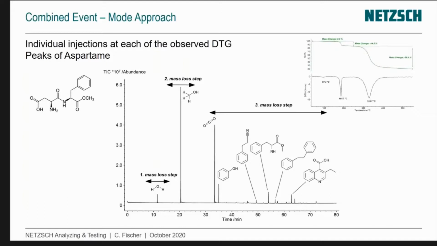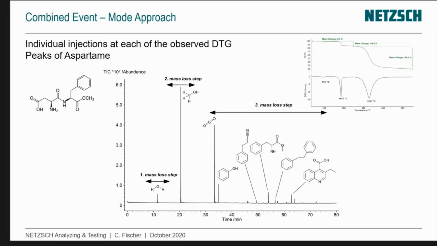For the second mass loss step, also only one peak was detected. Here, methanol was identified. This can be easily explained by the cleavage of the ester functionality we find on the molecule.